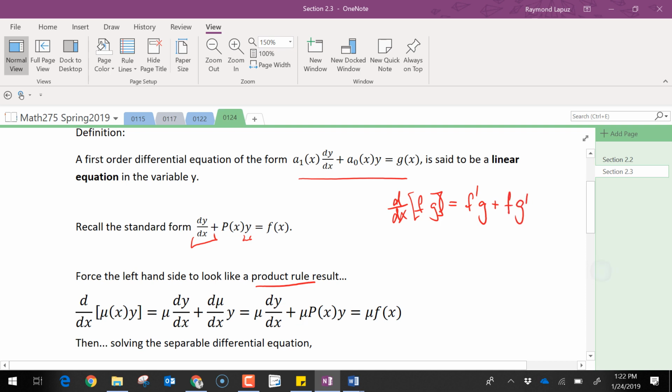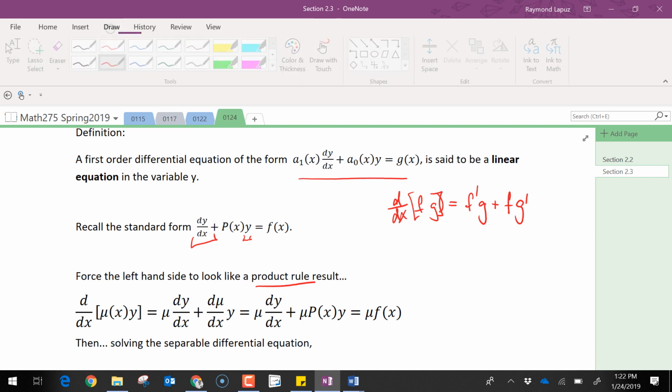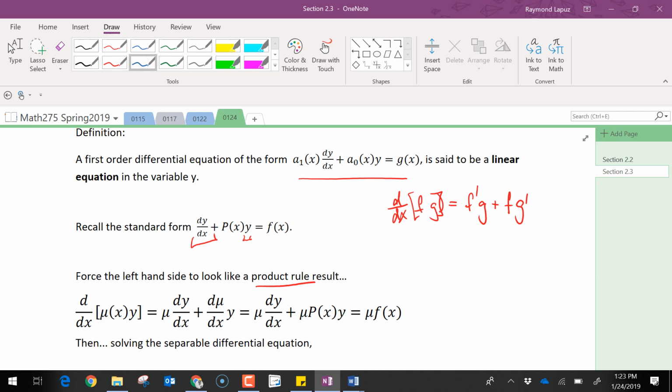So if you can imagine that one of those terms might be your y, then the idea is, can we multiply something so that it kind of mimics the product rule? And it turns out that you can.